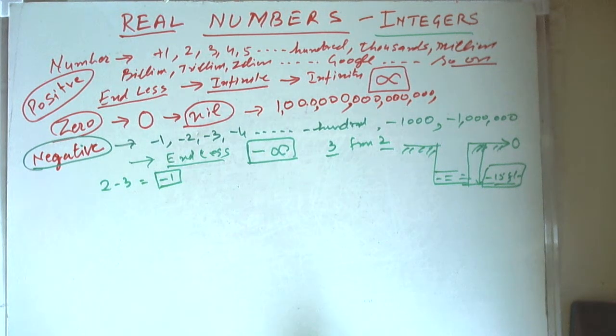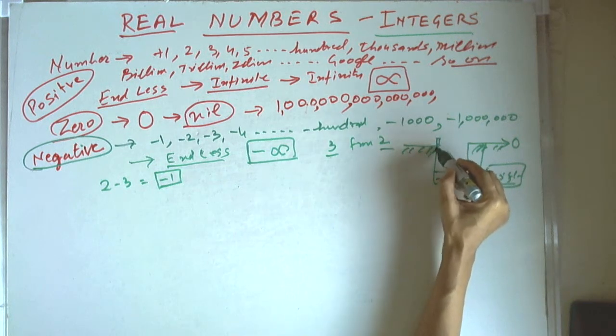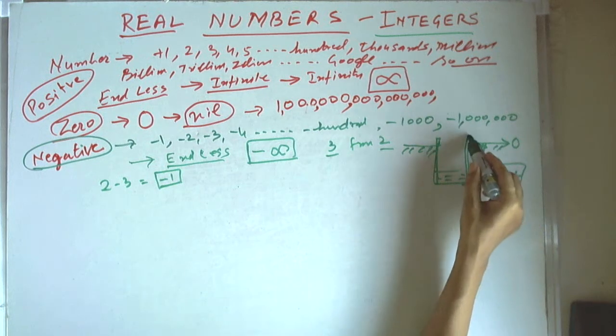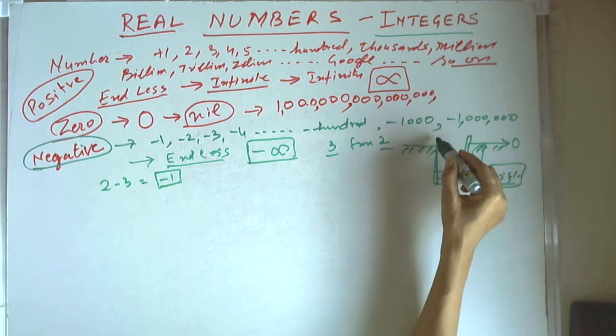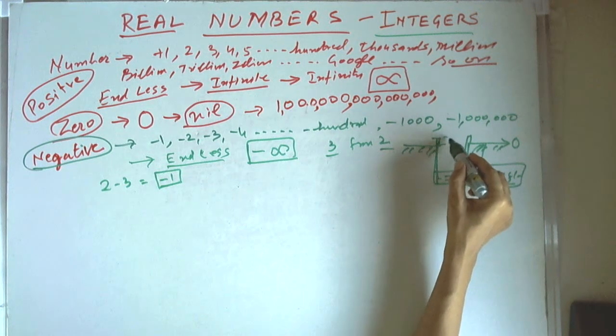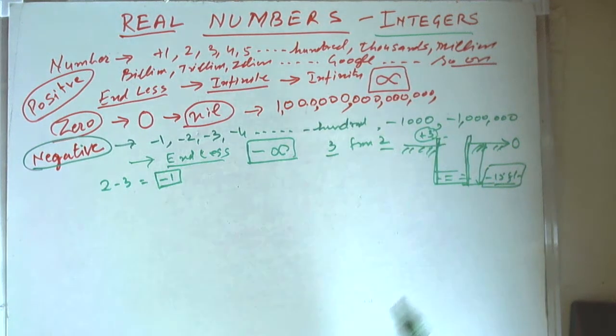Similarly, the depth of an ocean is represented as a negative number. And suppose we have a parapet wall, because otherwise you will fall into the well. Say we put a wall like this, and this wall is 3 feet high. So now this is plus 3 and this is minus 15.